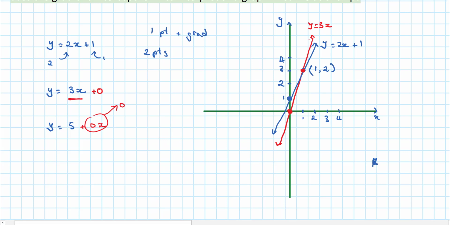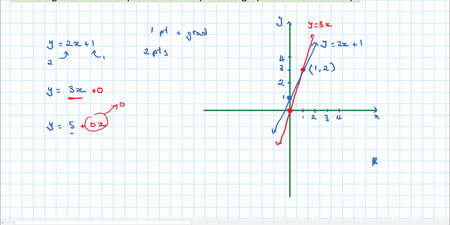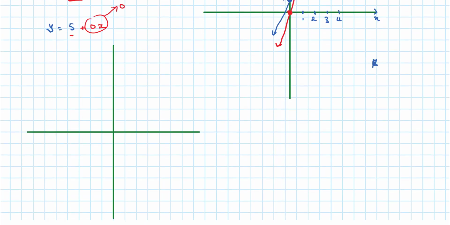So the gradient here is 0 and the y-intercept is 5. So for this function I am cutting through 5: 1, 2, 3, 4, 5. That's my y-intercept, and my gradient is 0, so I am going to have a straight line passing through 5.